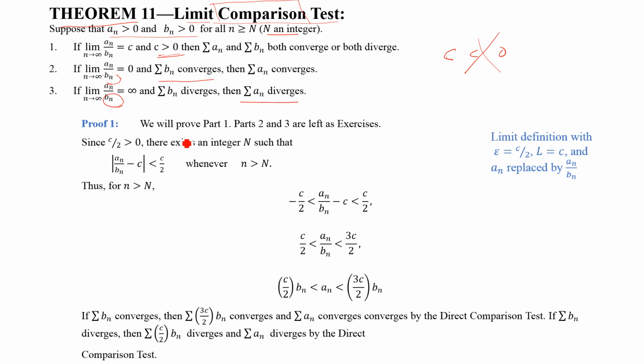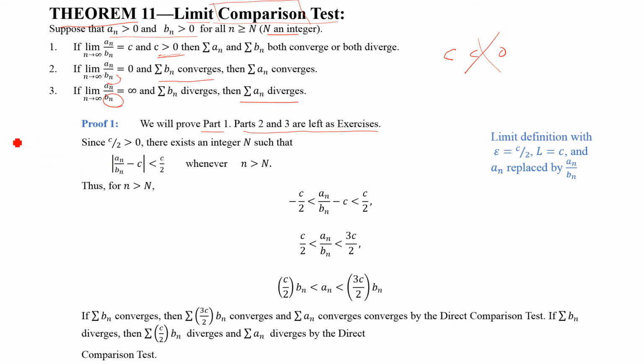Okay, so let's prove this. We are going to prove part 1. I'll give hints for part 2 and part 3; you can complete the proof on your own. So first of all, what is given?